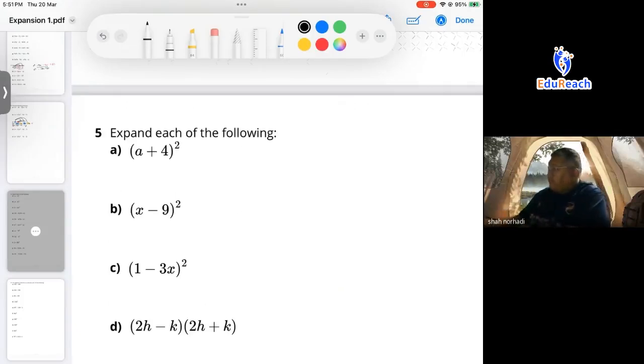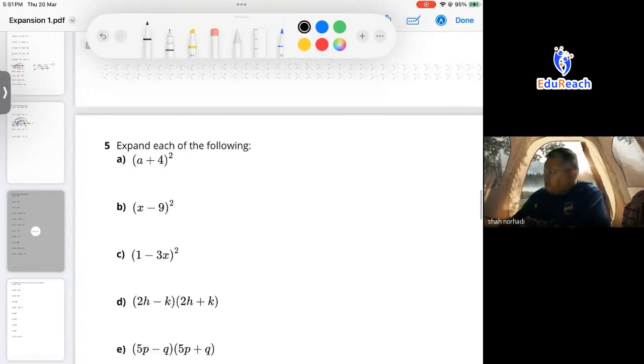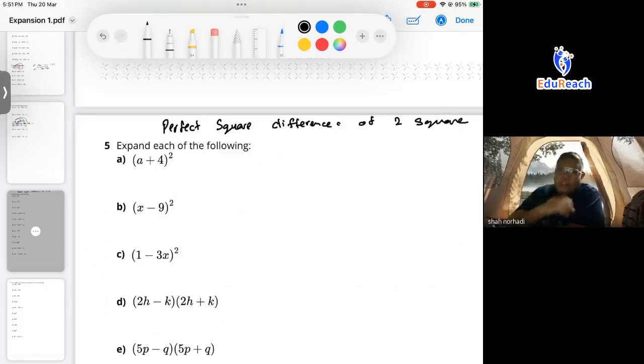Now, question 5, this is what we call perfect square and difference of two square. So this is what we call algebraic identity. So there is 3 rules here. I will always call it rule 1, rule 2, and rule 3.